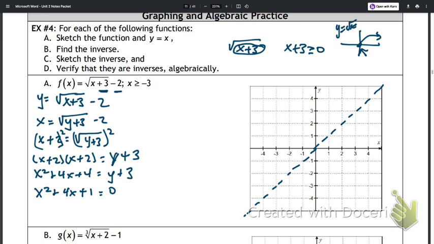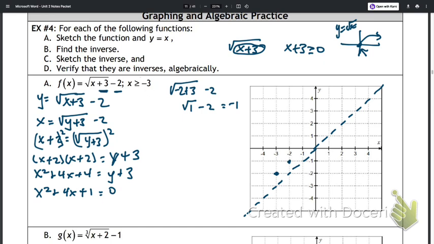So from 0, 0, I'm going to go to the left 3 and down 2, and here's where my point is. Let's plug in negative 2 into that. So if I do the square root of negative 2 plus 3 minus 2, I get the square root of 1 minus 2, which is going to give me negative 1. So I've got a point right here as well.